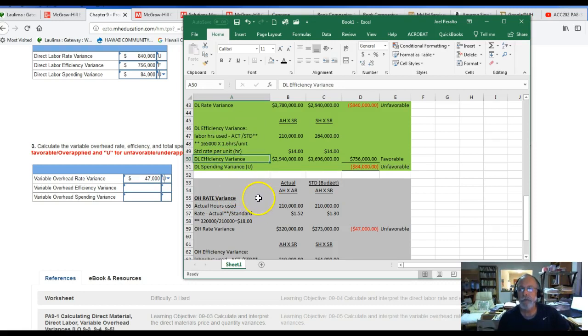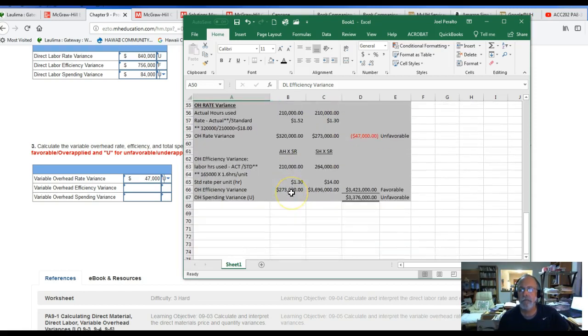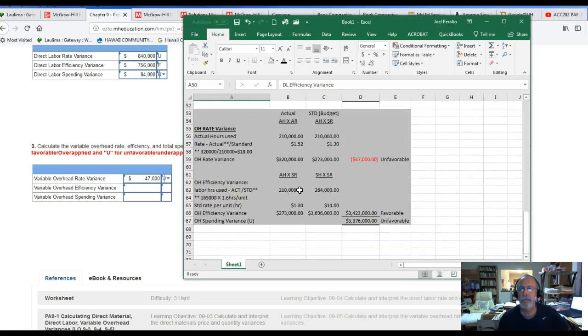Okay, so we're looking for standard hours times standard rate. I'm getting confused there. Standard rate is $1.30, and that's the same number on both calculations.